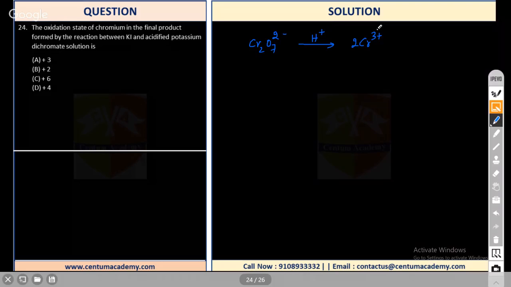No, we know this already. You have this information. For few molecules, the change in oxidation number you have to memorize.